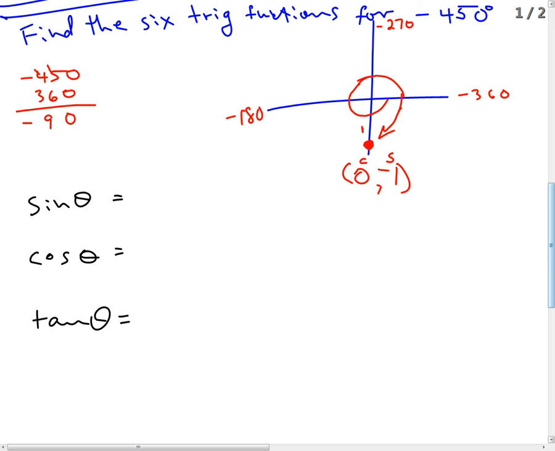Okay, sine, you should have gotten negative 1.